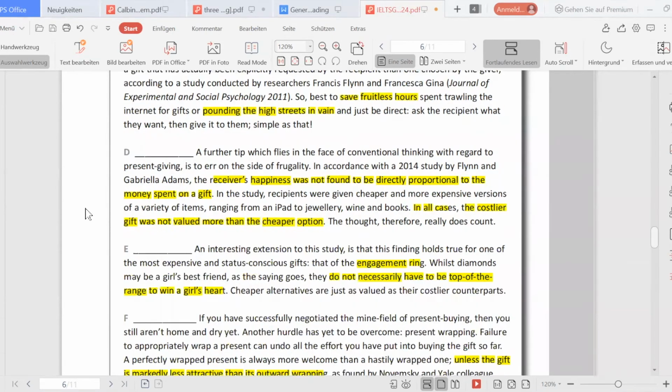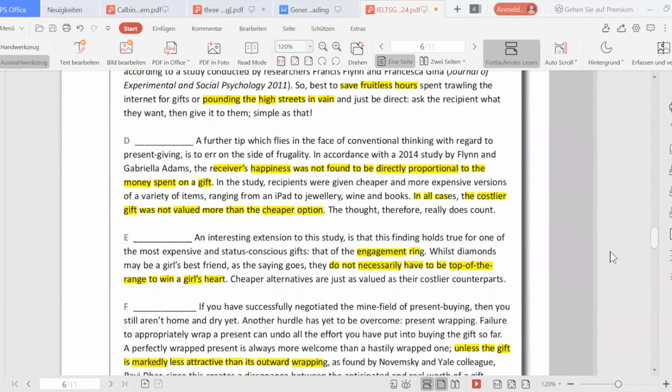In D, we've got keywords, and I've highlighted the keywords. So you can already look at the keywords that I've highlighted, and then when you go to the text, you've actually got the related words. So the receiver's happiness was not found to be directly proportional to the money spent on it.